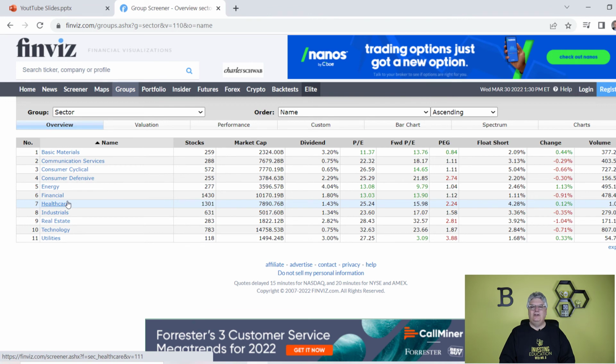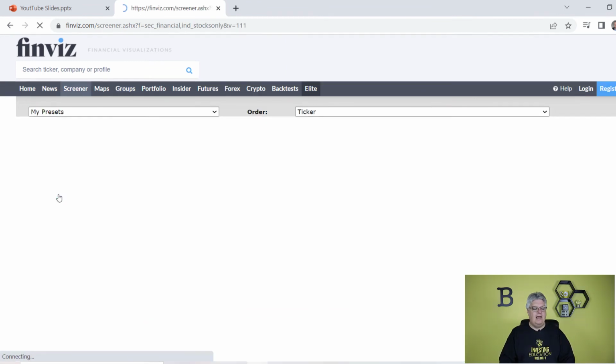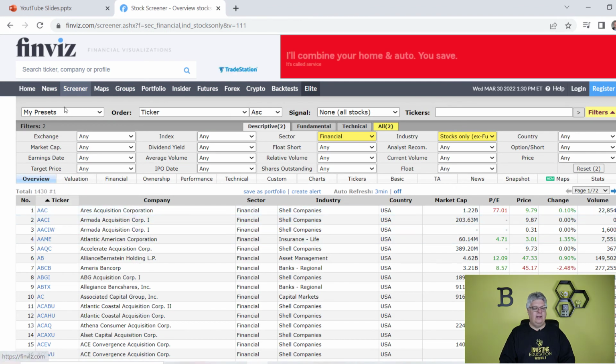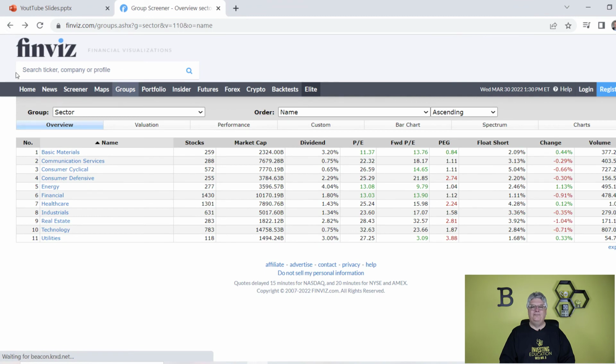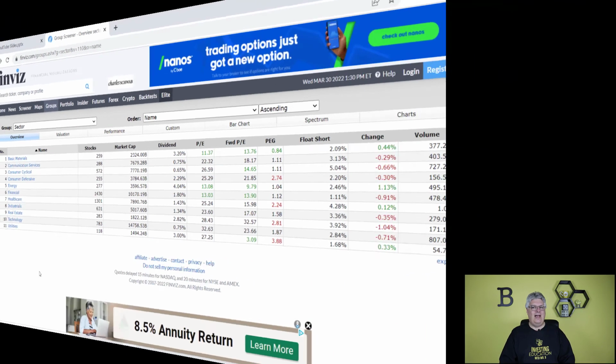So it gives you a really interesting way to play with this stuff and start looking deeper and seeing how you can compare maybe your individual bank you're looking at versus the entire banking industry or financial industry as an example. So that's a good way of using Finviz to help with looking at that.